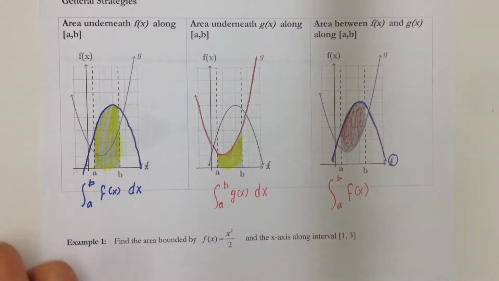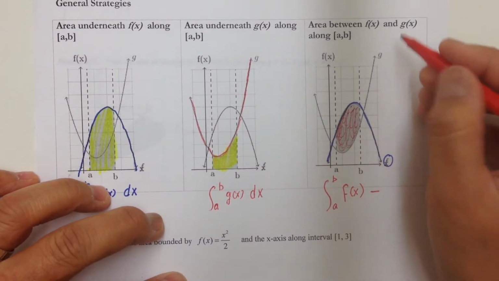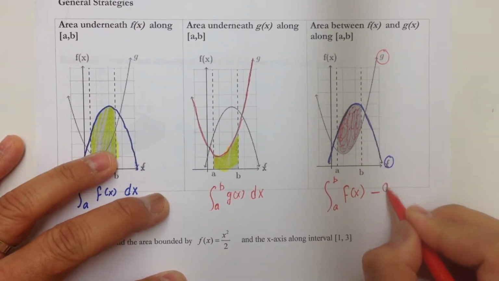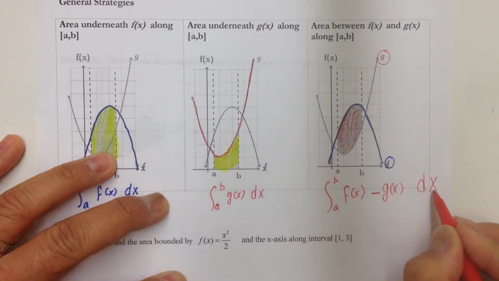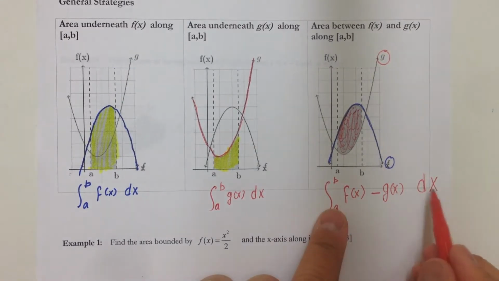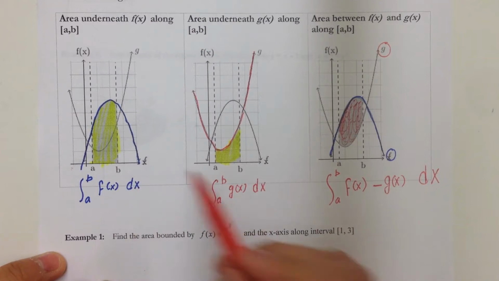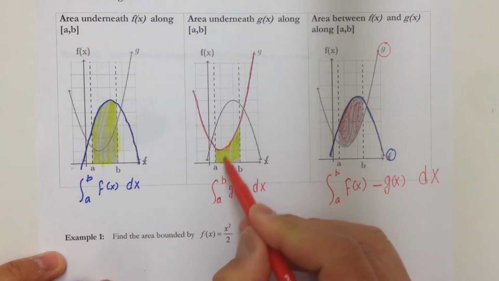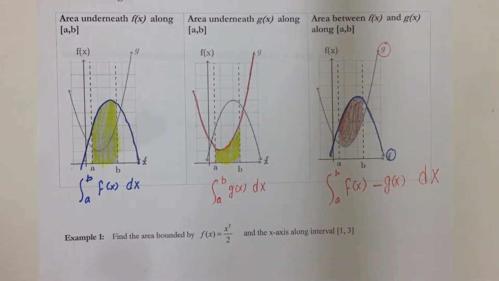And then subtract the area of the bottom function, and make sure you integrate that with respect to x. This is how we find the area that's squeezed between two curves, which makes sense because I'm taking the area under f minus the area under g, which gives me that blank space over there, which we consider the area between two curves.